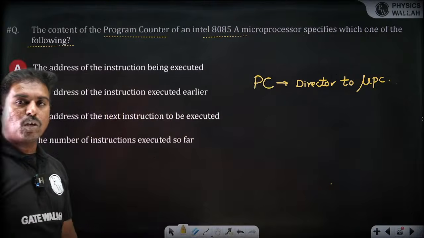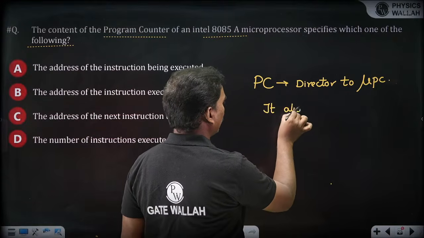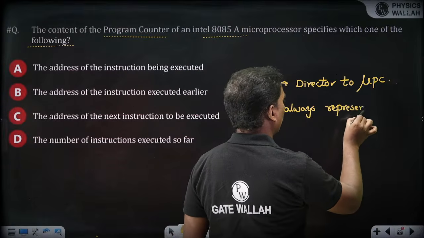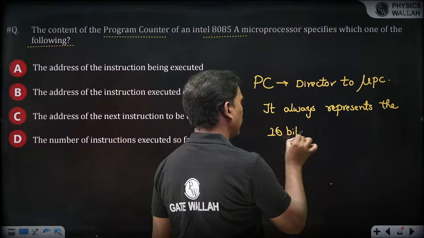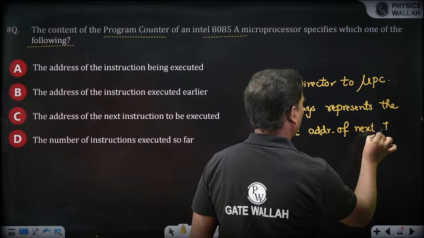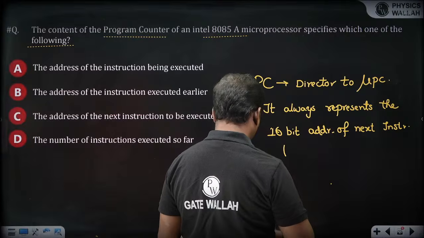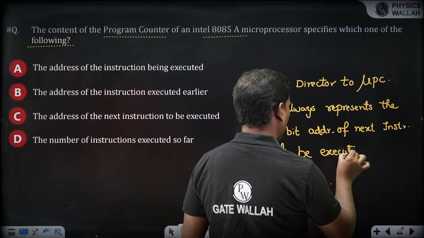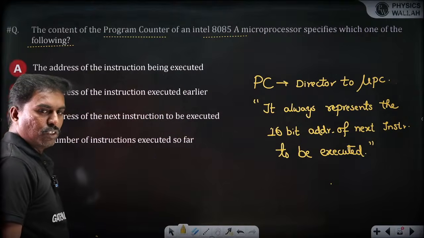So the program counter always represents the 16-bit address of the next instruction to be executed.